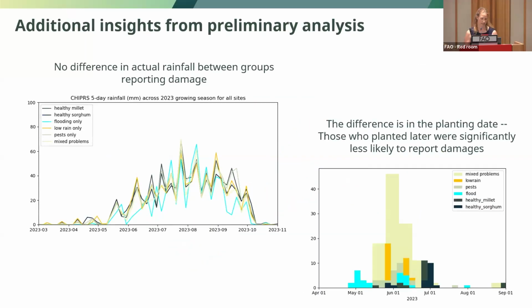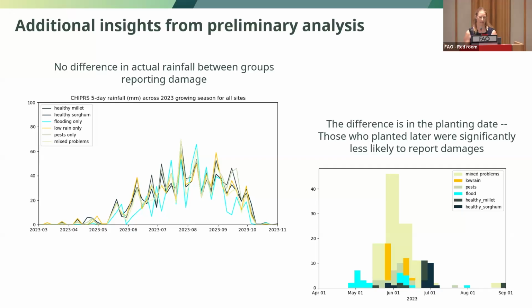One quick insight from this is that there's no difference in the actual rainfall for the different groups experiencing damage. So this is using CHIRPS rainfall data on the left, and there's no significant difference between those groups. However, the significant difference is in the timing of the planting.